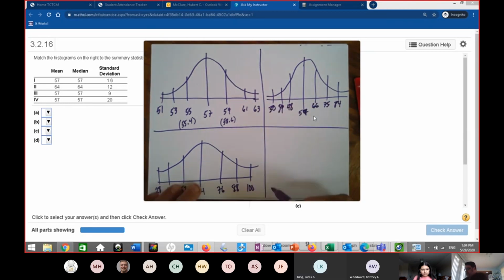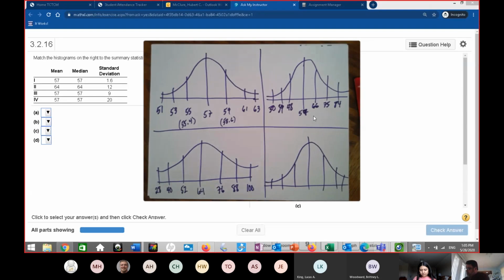And then the last one is 57, and that's the worst one because it's got a spread of 20. So that means you got 77, 97, 117 maybe, 37, 17, and -3.